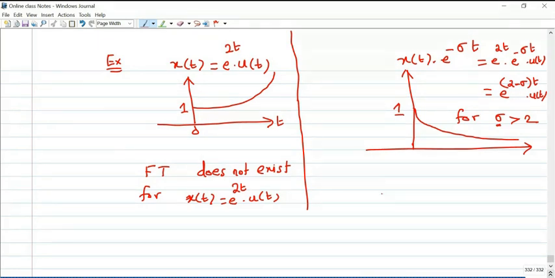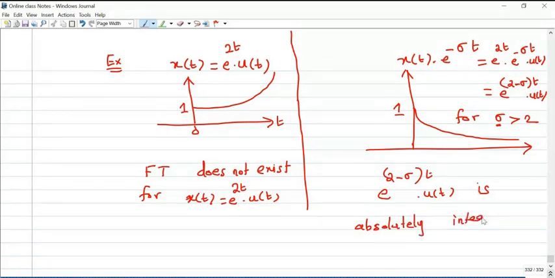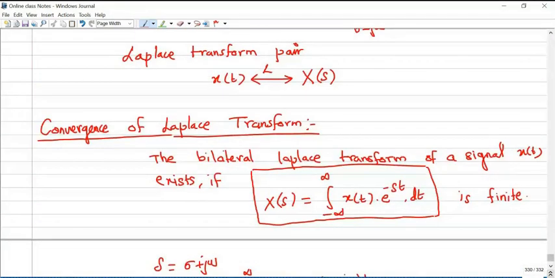So e power 2 minus sigma t dot u of t. Now this signal is absolutely integrable for sigma greater than 2. We cannot apply the Fourier transform to this signal directly. But in Laplace transform, it is possible to analyze this signal with some condition. This condition is called the region of convergence.